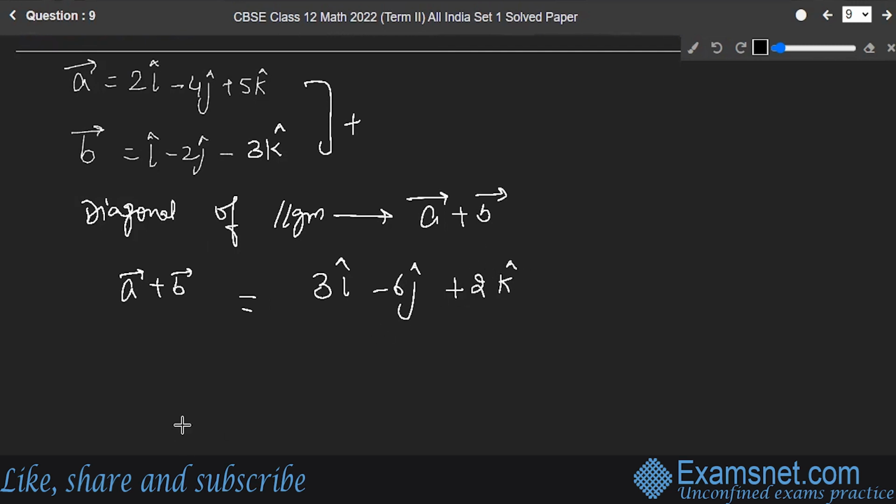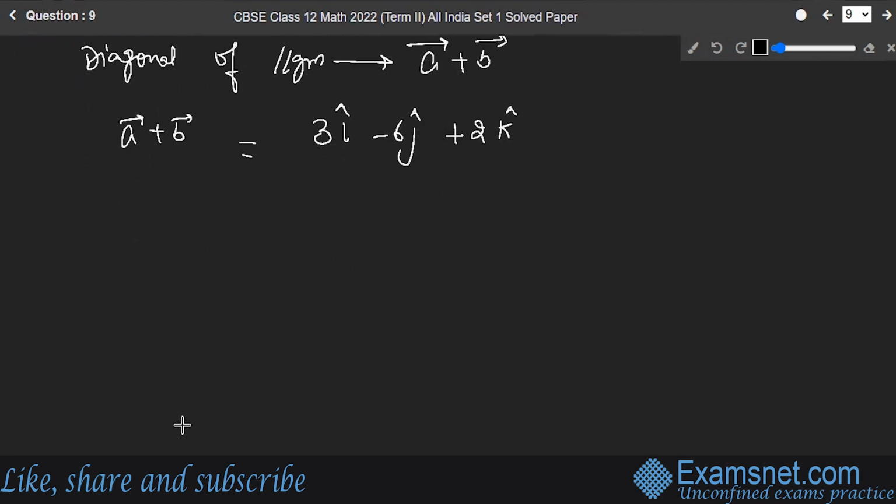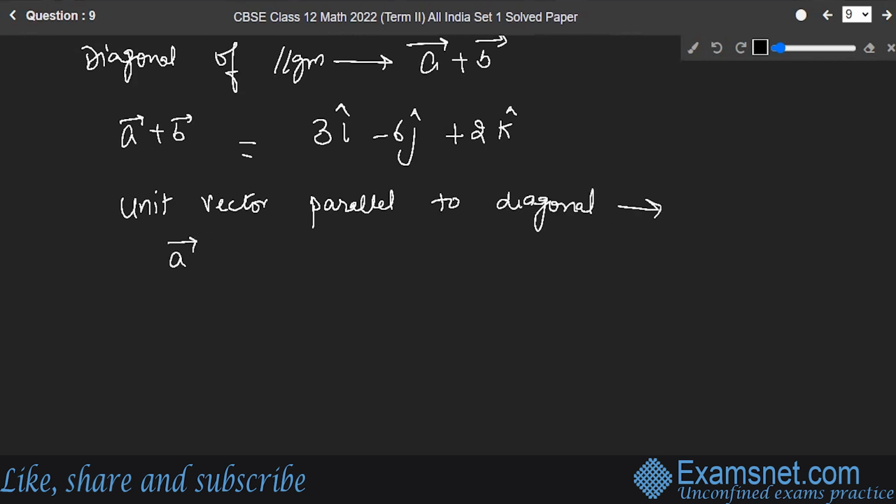Now the unit vector parallel to the diagonal is given by A vector plus B vector divided by the magnitude of them.